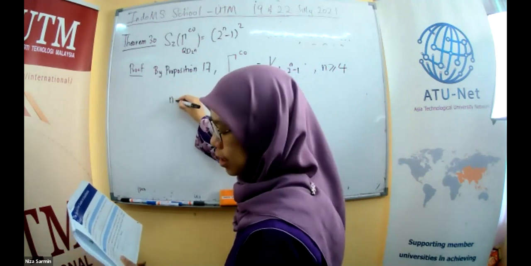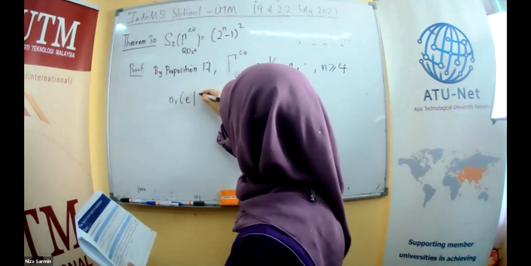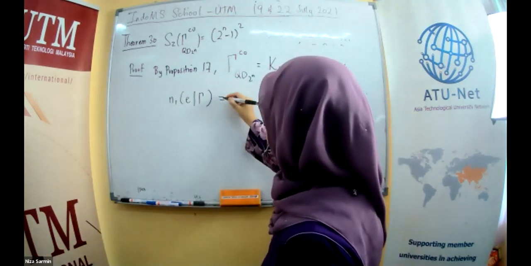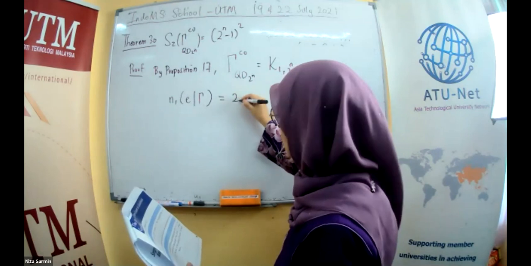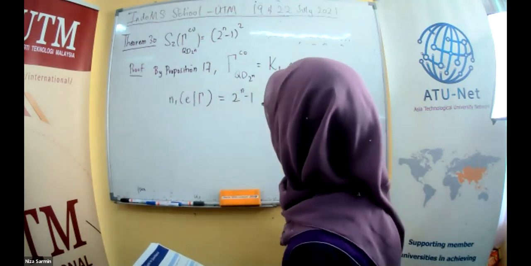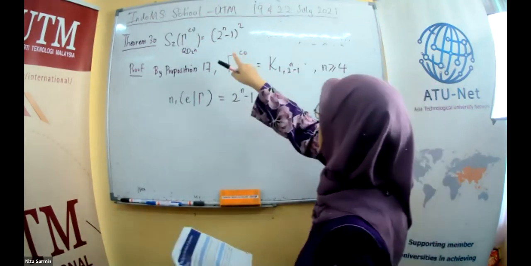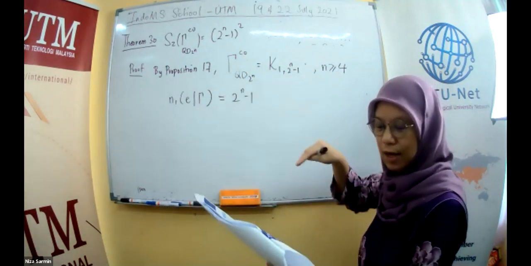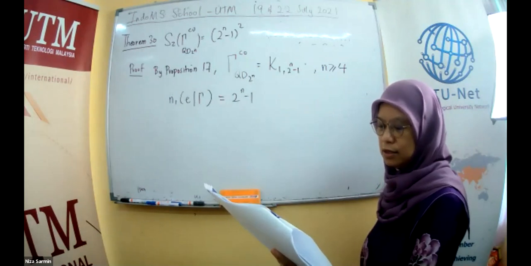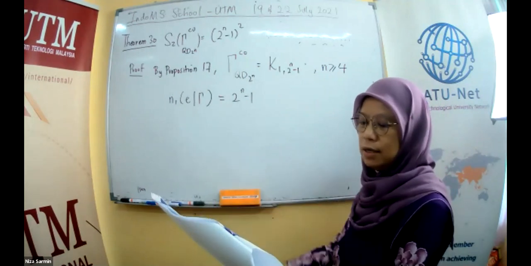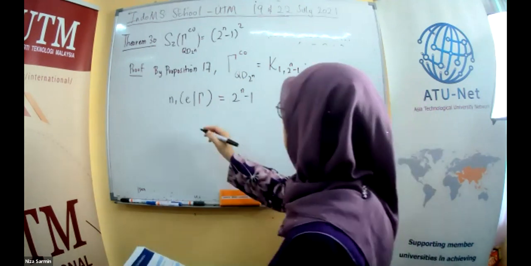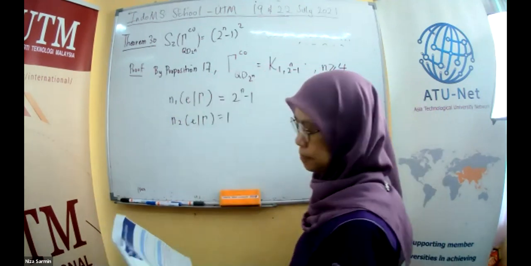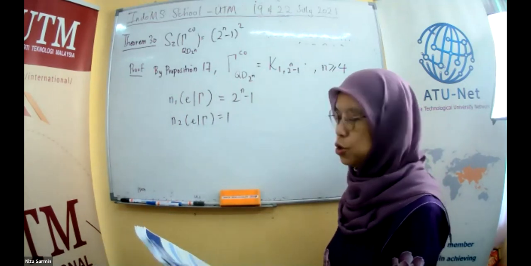You have N1 of the graph, and you have that many edges, 2 to the n minus 1, because they connect the identity and the rest of the vertices. And N2 of this is equal to 1.